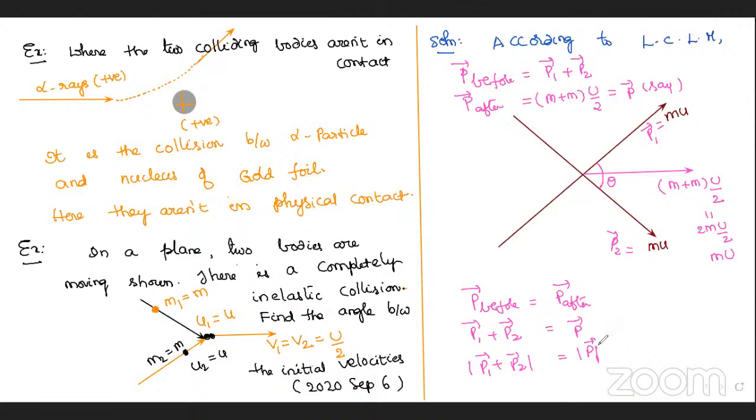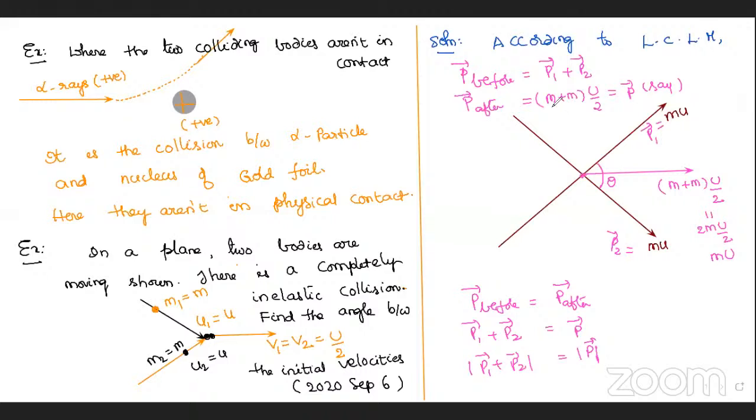Here, this part, what Manibabu is saying: sir, P1 bar plus P2 bar magnitude is, since those two vectors originate from the same point at an angle theta, root of P1 square plus P2 square plus 2 P1 P2 cos theta is equals to mod P bar.